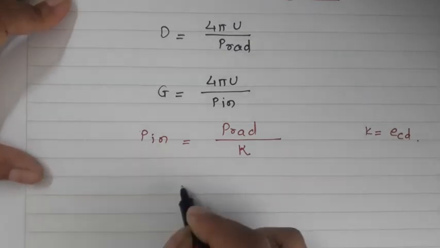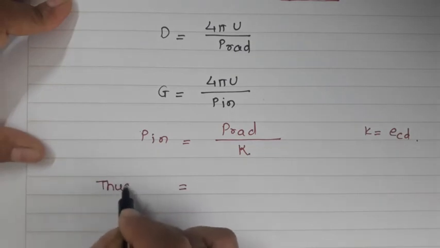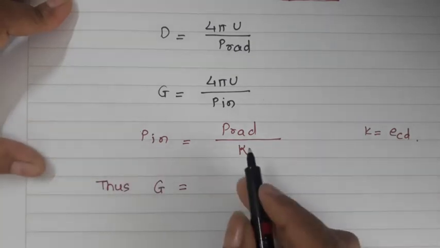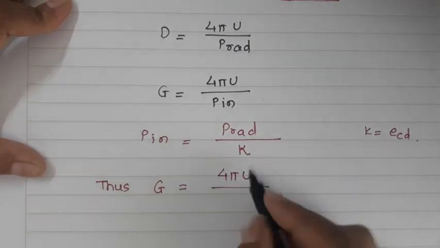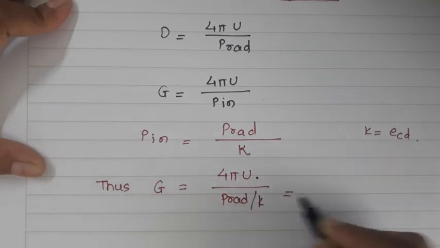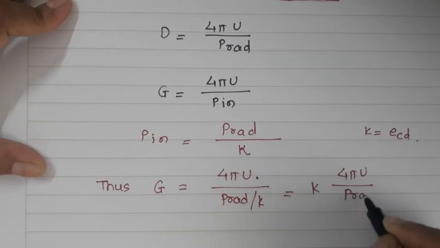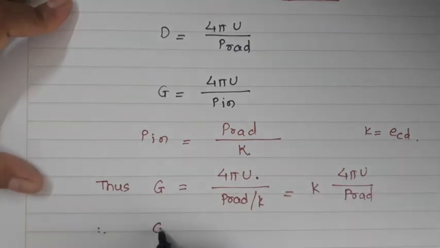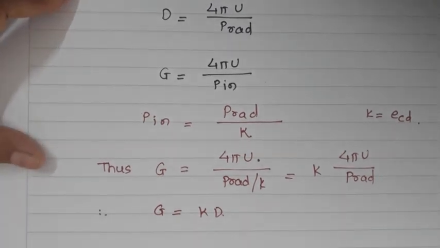Okay, so if you put the values over there, I can write G is equal to 4 pi U divided by P radiated by K, which is K into 4 pi U divided by P radiated, or you can write G is equal to K into D. Okay, so here you can understand that this D is nothing but the directivity.